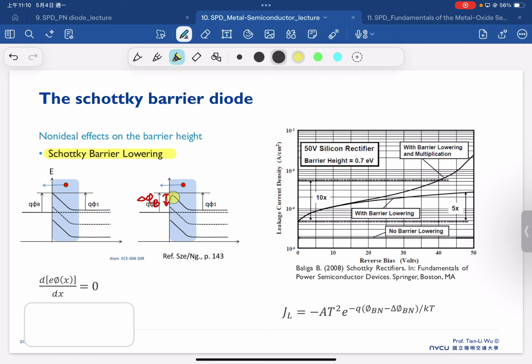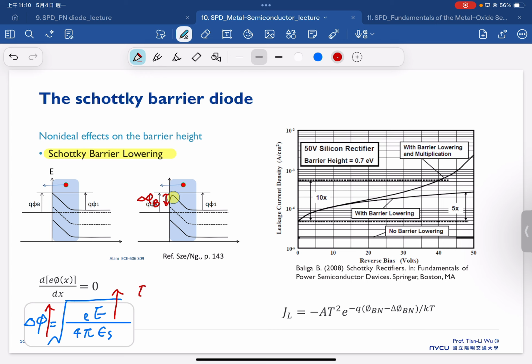So the delta phi here is given by the square root of qE over 4 pi epsilon_s, where E is the electric field. Therefore, from this equation, we can understand that as a large electric field is applied, this delta phi will increase.